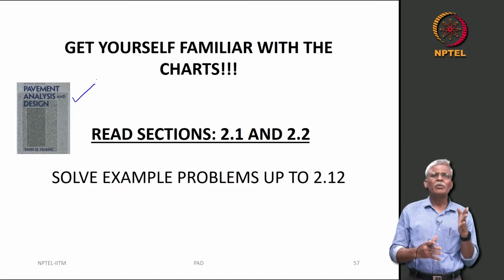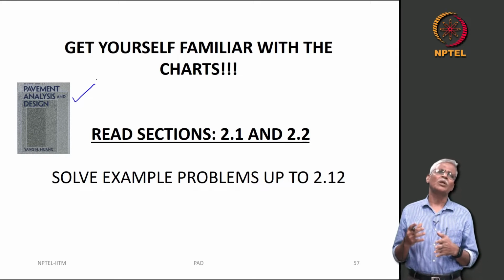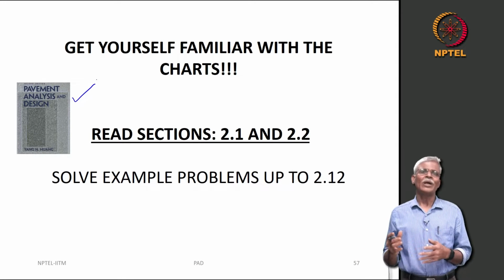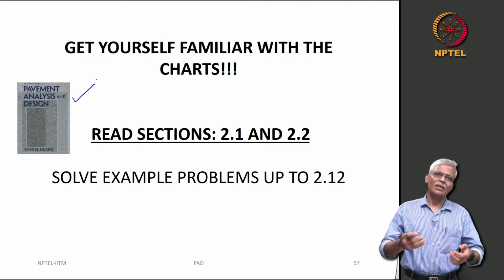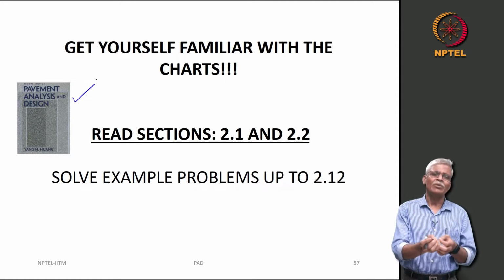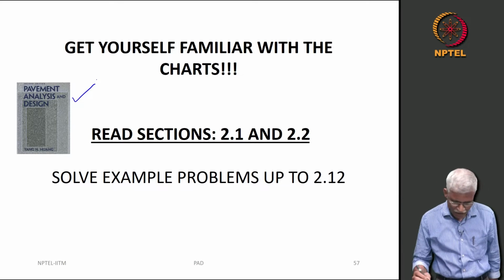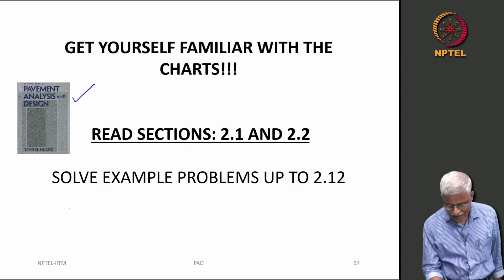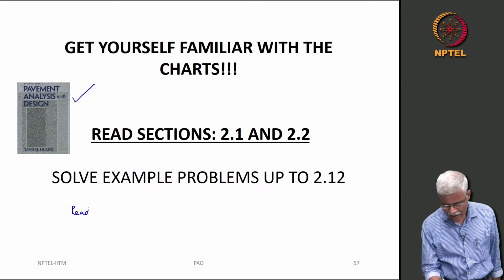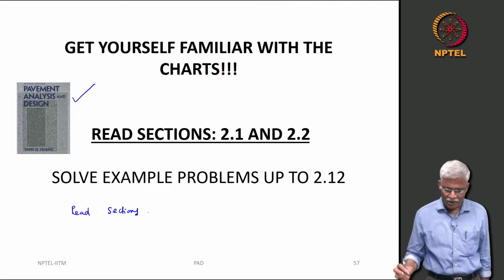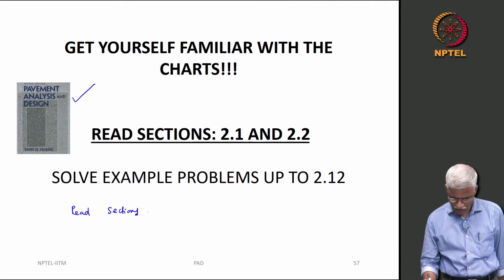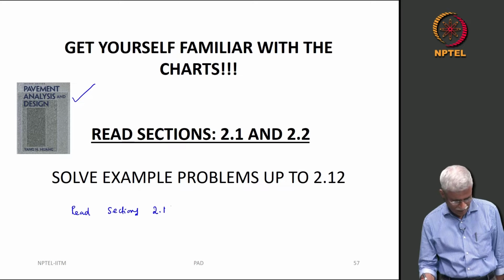But there will be a lot of things in this textbook that you may not really need. So, as and when I find it easier for you, I will be suggesting some of the sections that you should really follow. Now, I am going to write here clearly: read section 2.1.